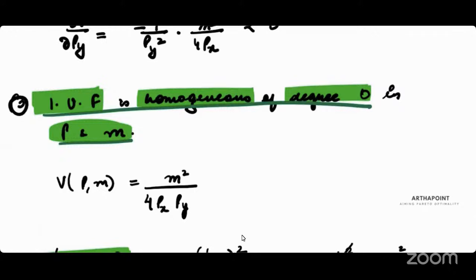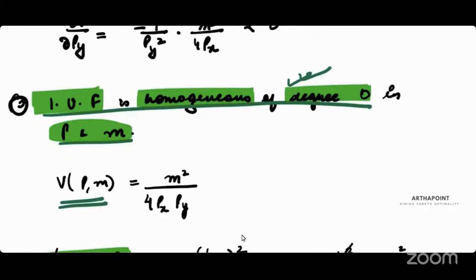You will get different degrees for different utility functions, but you will always get homogeneous of degree 0 whenever you scale M and P simultaneously, irrespective of which utility function you talk about.